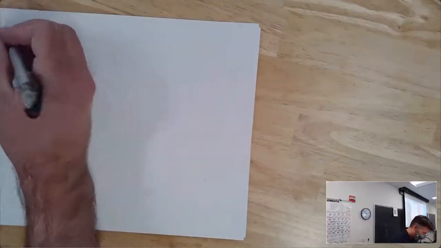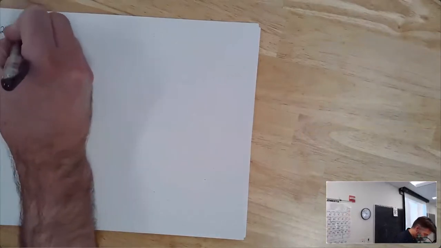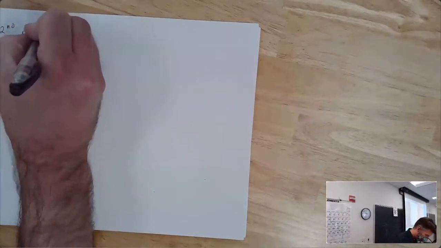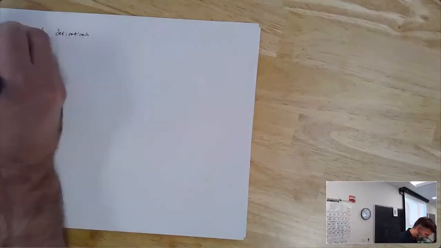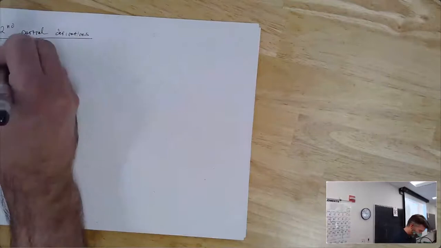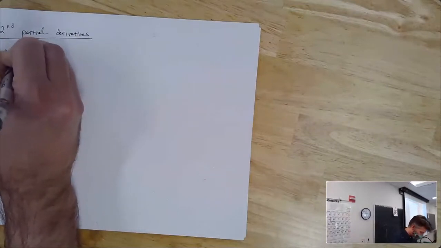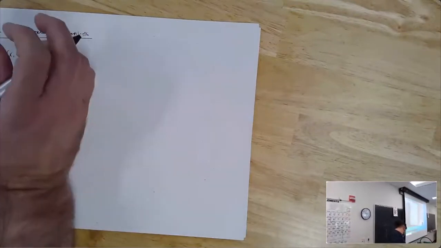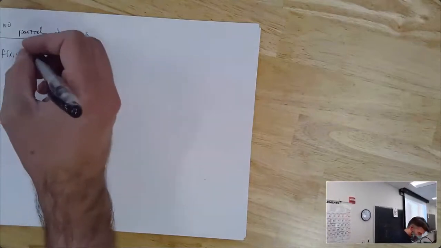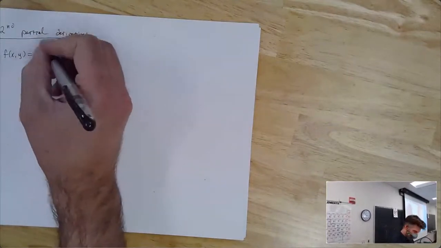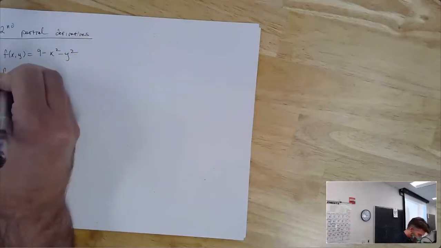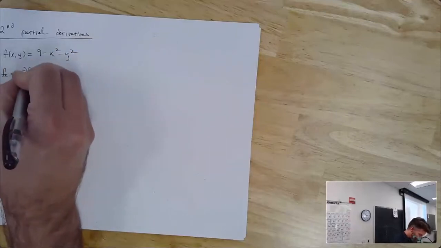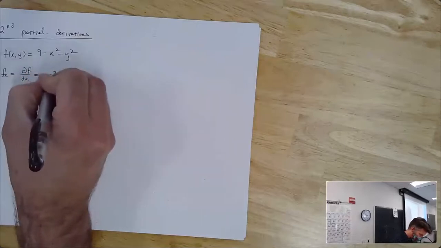So we can also find second partial derivatives, which for this function are not super exciting. If f of x, y is 9 minus x squared minus y squared, fx, which is del f del x, is negative 2x.